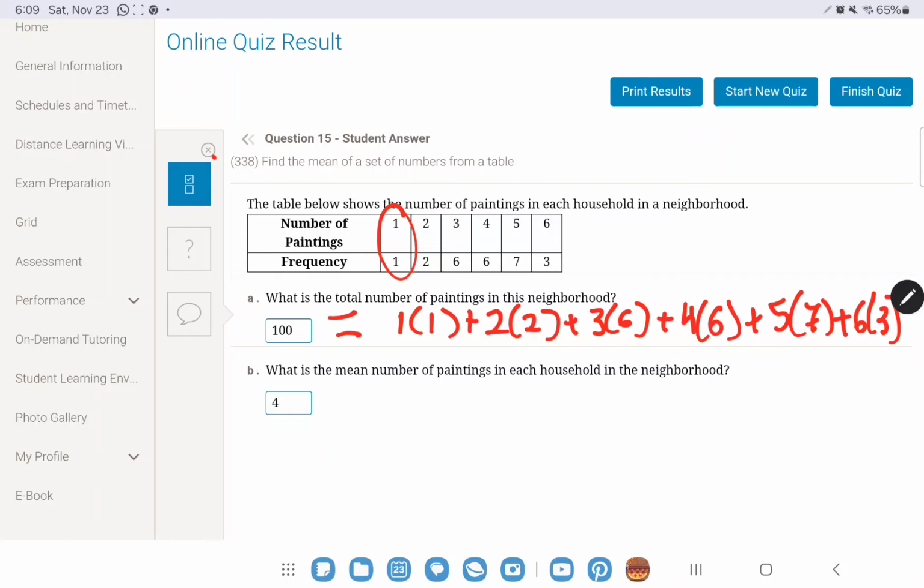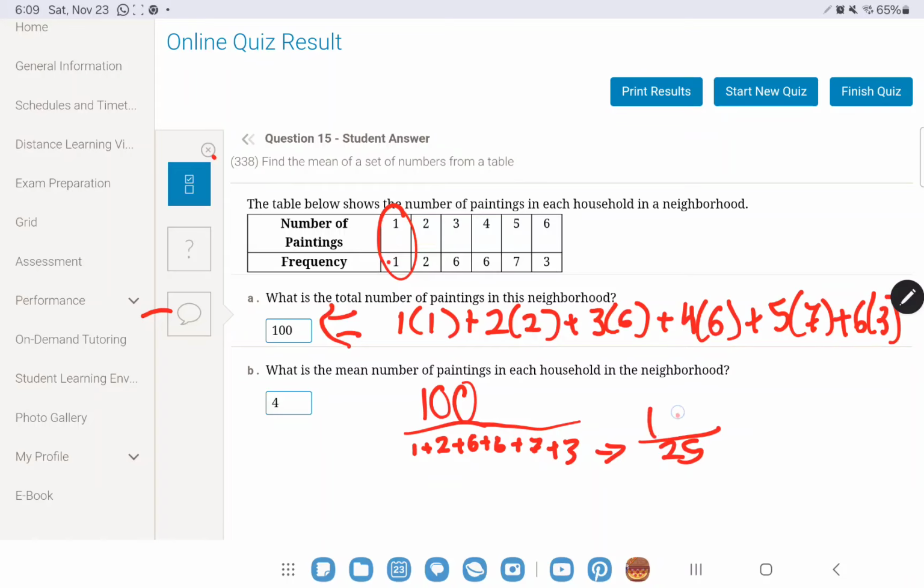Then you're gonna get 100. Now you take the 100, put it over 1 plus 2 plus 6 plus 6 plus 7 plus 3. These equal 25, so 100 over 25, so the answer is 4.